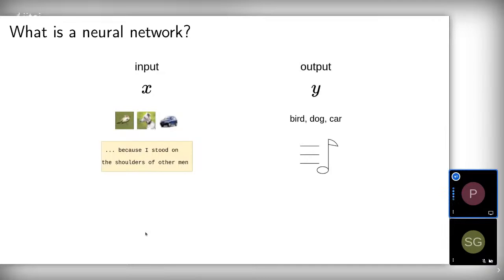And you want to connect these images, for example, to labels like bird, dog, or car, which indicate what's in the image. Or you might want to convert this text into audio, or you might want to take your measurements that you've made and get some other quantity out of them. And the problem that you're then trying to solve is how to map this input to this output.